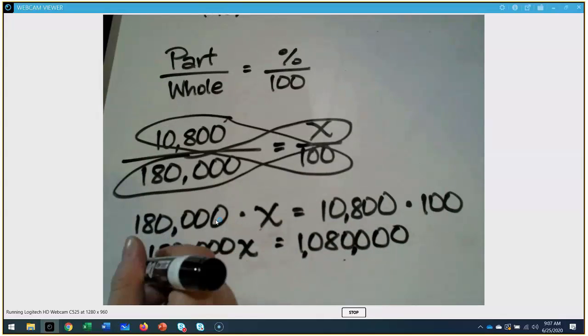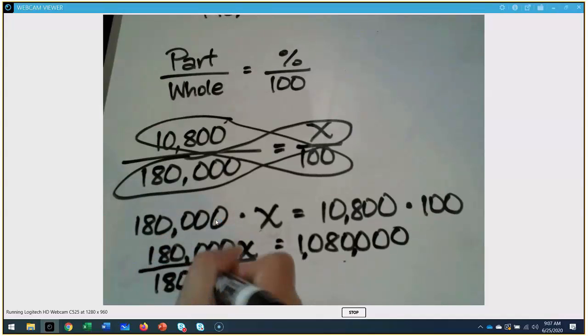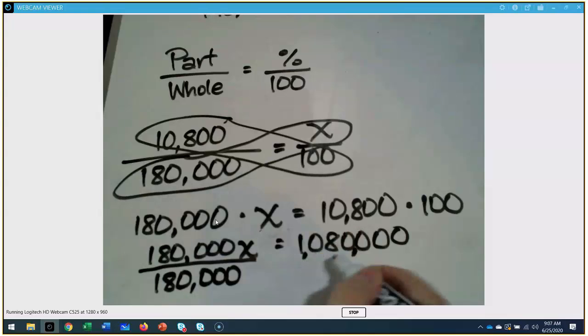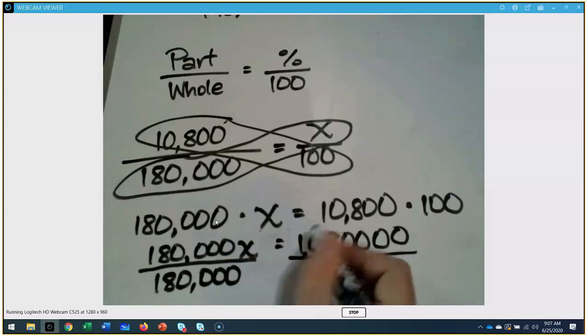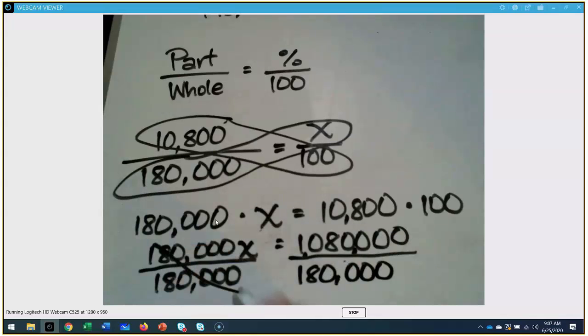And then at the end, I'll divide by whatever's in front of my X. Okay, so plugging this in. 6%.